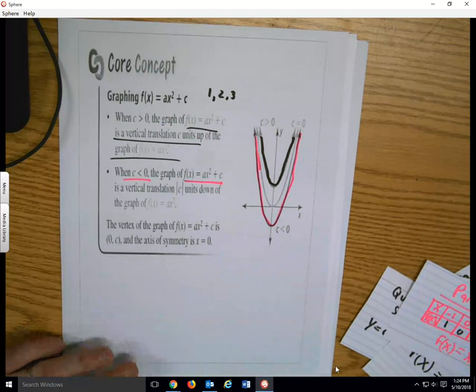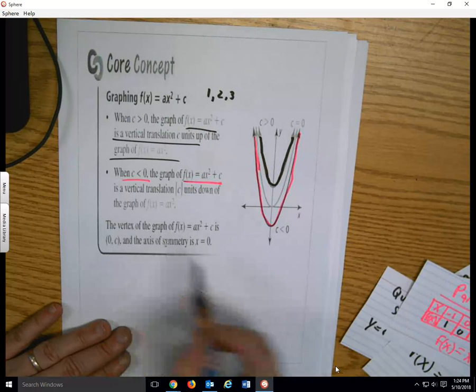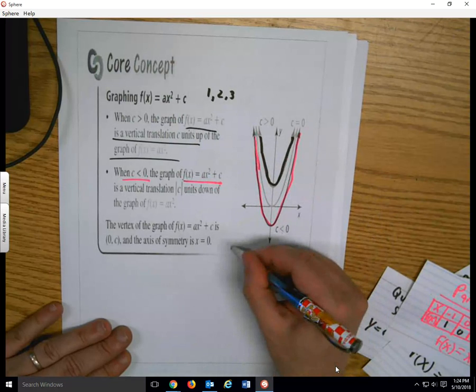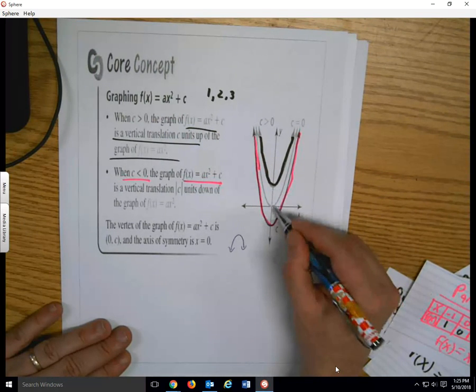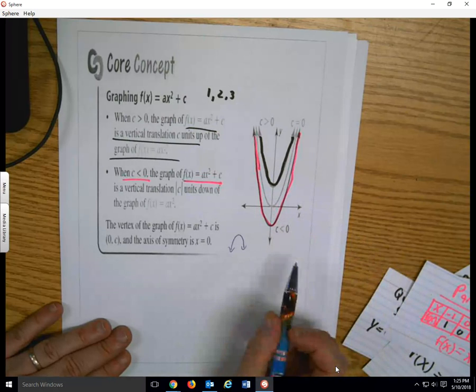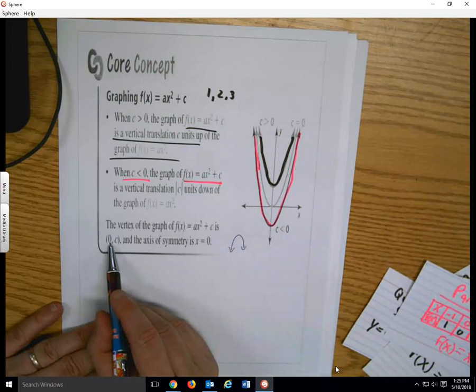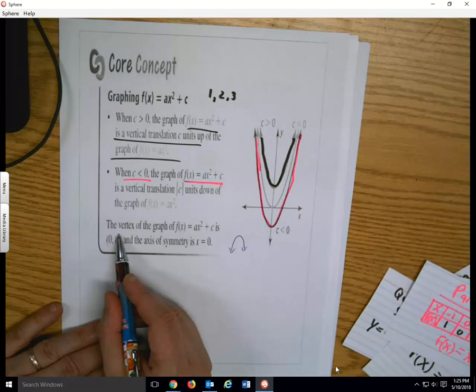Okay. The other interesting thing about this is the vertex of the graph. Remember, the vertex is the minimal point, or the maximum point if the U-shaped parabola is going this way. In this case, they're all minimum points. The minimum point is going to be 0 for the x, right? But then the c, whatever the c is, will be the y.